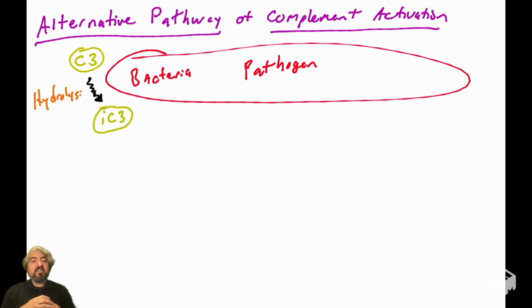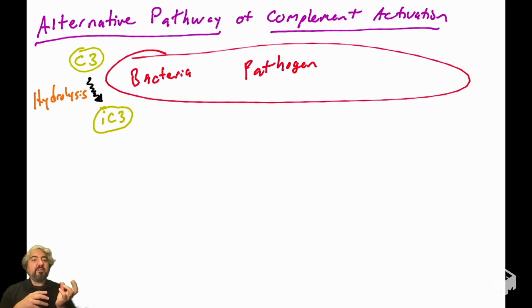The complement protein C3 can hydrolyze to a slightly different form. What does that mean? That means that some of the reactive parts of this protein, C3, undergo hydrolysis such that this protein changes its shape slightly and forms a version that we're going to call IC3.